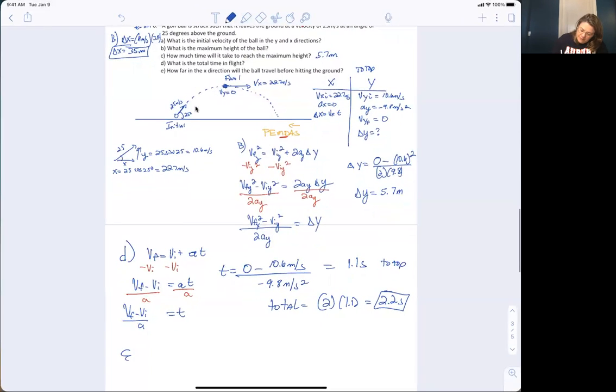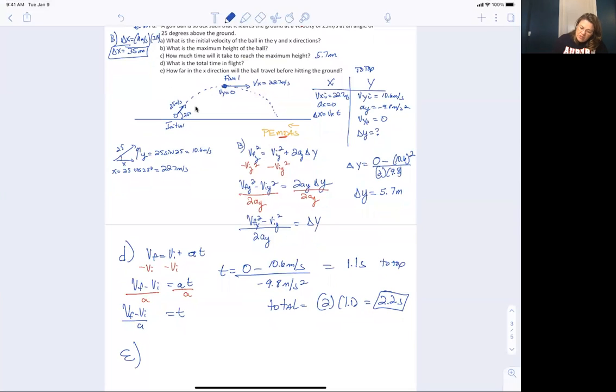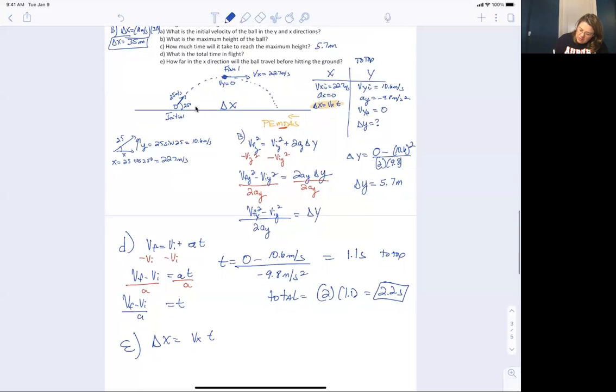Okay, E. How far in the X direction will it travel? Well, there's only one equation in the X direction. And now I can use delta X is equal to the initial velocity in the X direction times time. I dropped my initial because it never changes. So what is that number? 22.7 meters per second.